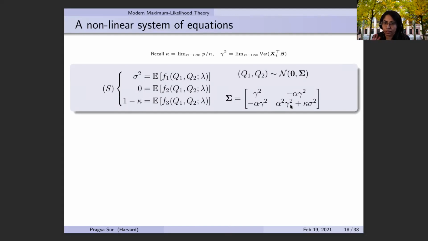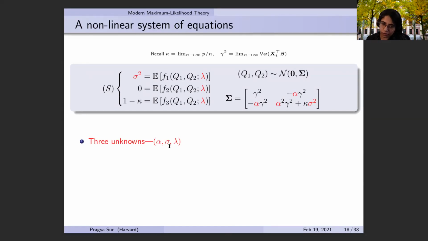What I'm presenting is a nonlinear system of equations, but I'm going to present you 3 main takeaways from these equations. So the first thing to note is this is a system of equations that has 3 unknowns, and I have highlighted the unknowns for convenience. So let's call that alpha, sigma, lambda. The alpha will correspond to the bias of the MLE eventually.